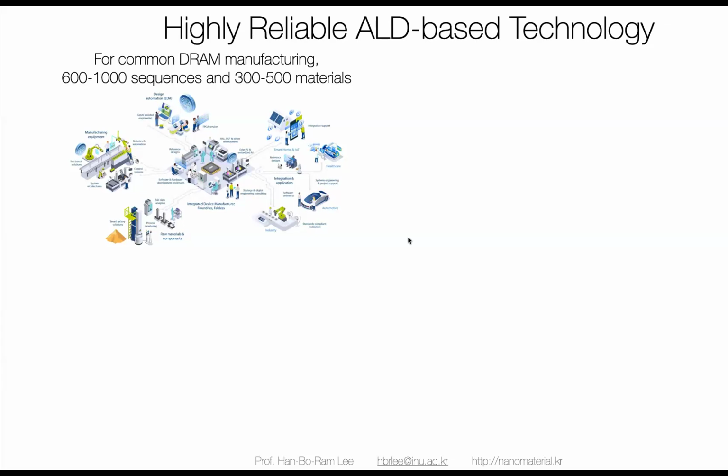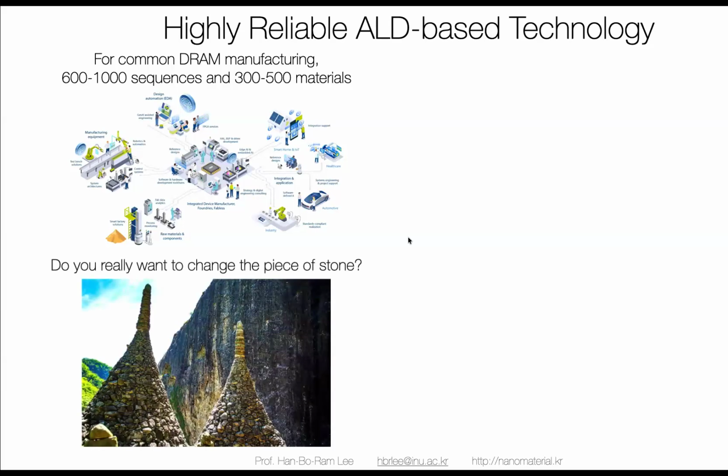So nobody wants to change one piece of the stone, because industry people are very sensitive to changing their process. They don't want to screw it up. If they change one piece of the process, it may influence a lot of the other processes. They don't have any option.